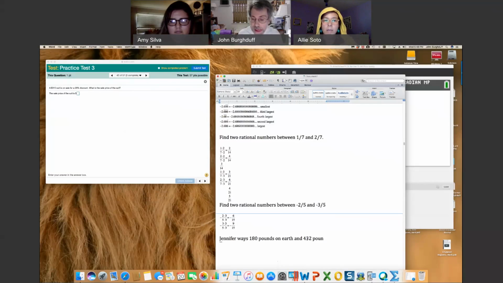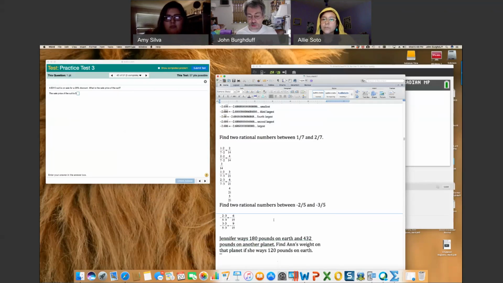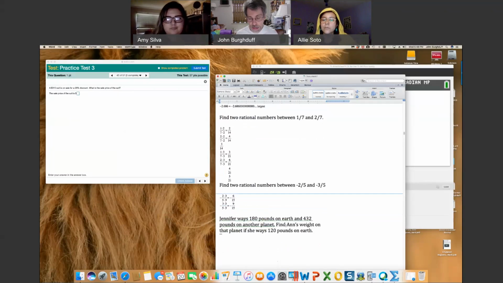Then find Anne's weight on that planet if she weighs 120 pounds on Earth. Yes, on Earth. Okay. Excellent. So Jennifer weighs 180 pounds on Earth and 432 pounds on another planet. Find Anne's weight on that planet if she weighs 120 pounds on Earth.